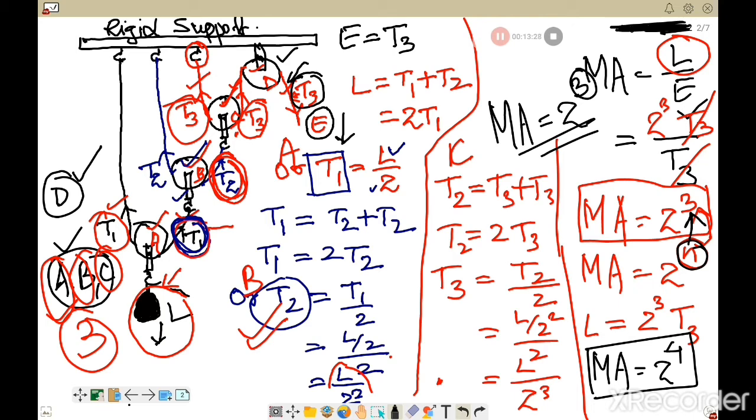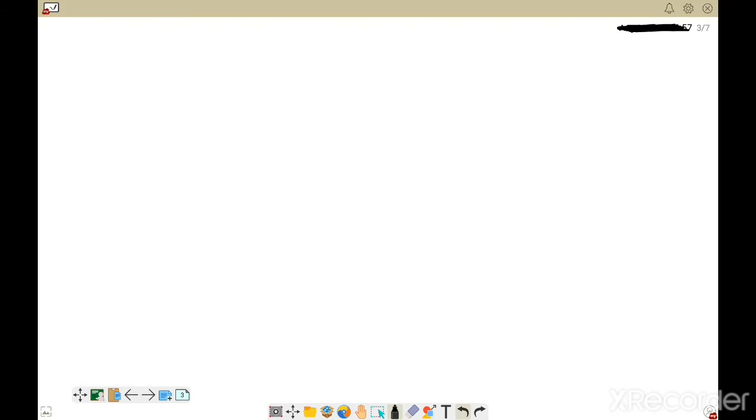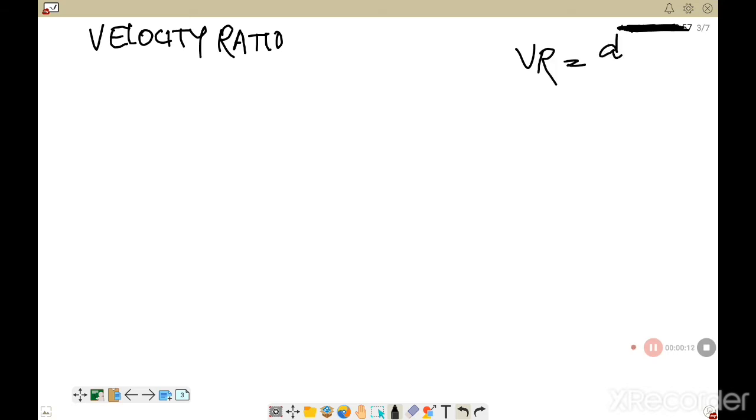So now we need to find the velocity ratio. Okay, now let's learn about velocity ratio, that is VR. Now you know VR is given by distance moved by the effort divided by distance moved by load.